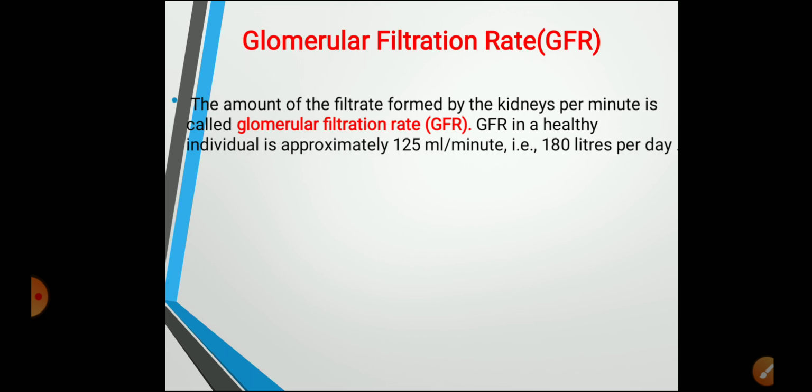GFR in a healthy individual is approximately 125 milliliters per minute, which amounts to about 180 liters per day. Most of that will be reabsorbed. Almost 178 liters will be reabsorbed and only 1.5 liters will be eliminated in the form of urine.